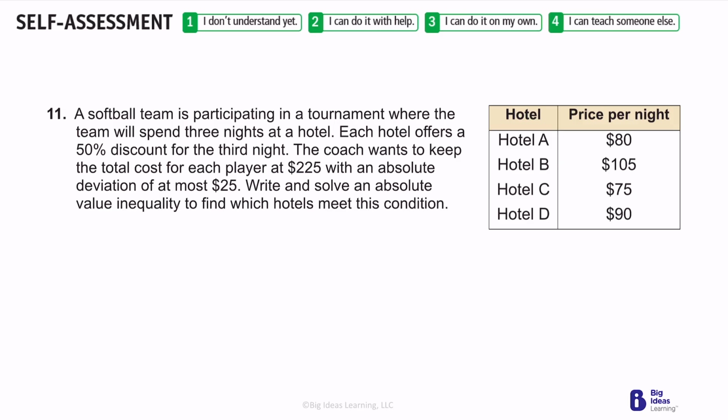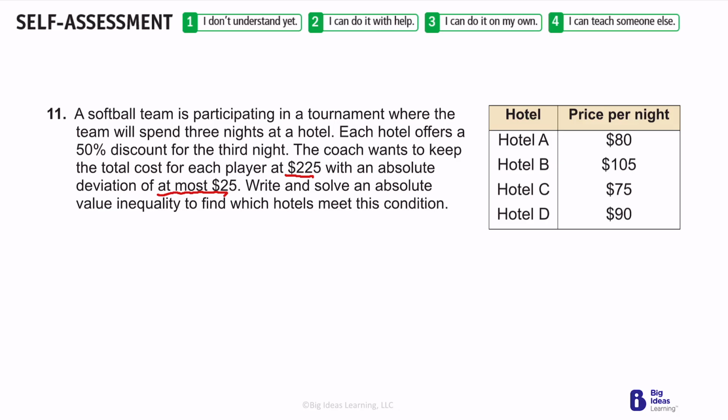So you're staying at hotels. Each hotel offers a 50% discount for the third night. The coach wants to keep the total cost, so total cost for all 3 nights, at $225 with an absolute deviation of at most $25.